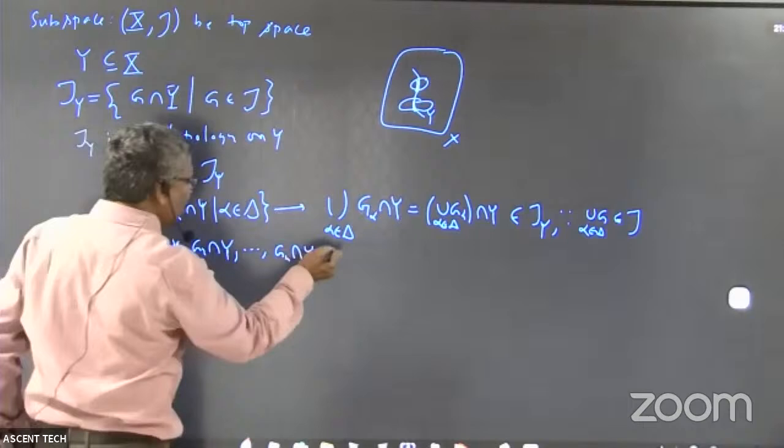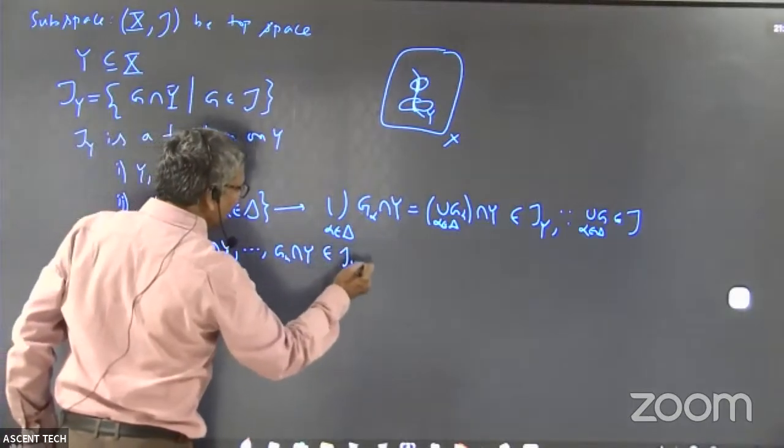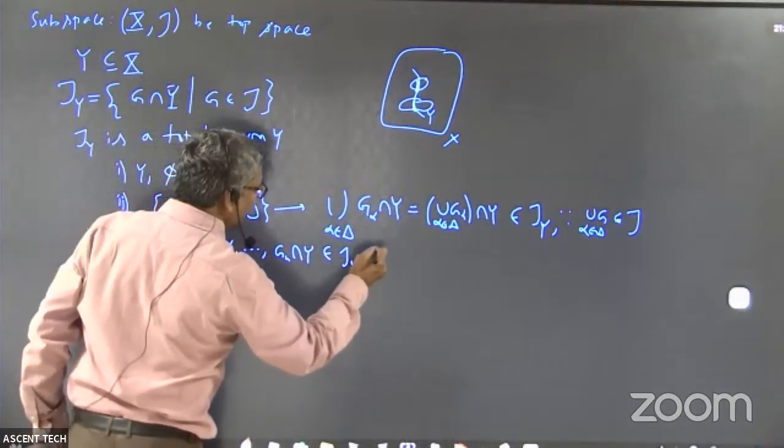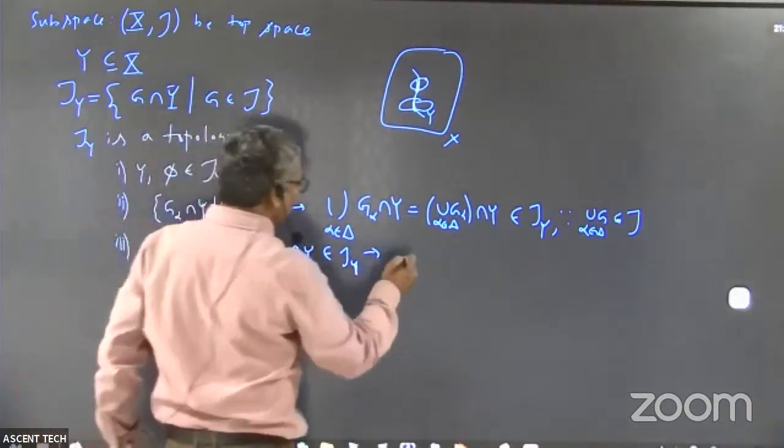If these are all in Ty, it is very easy to see the intersection of all of them.